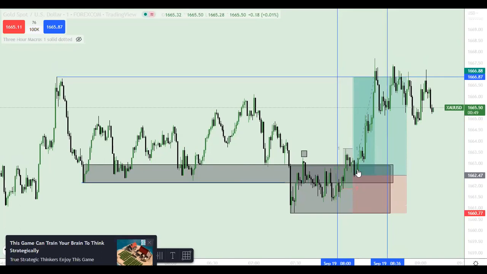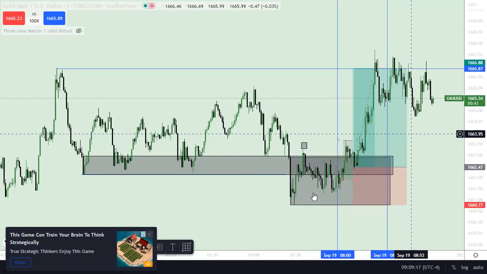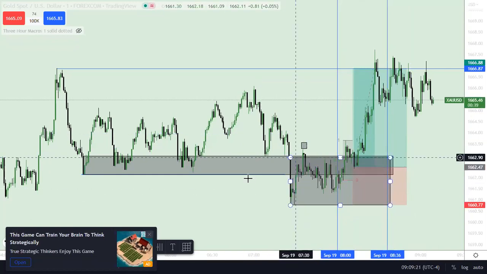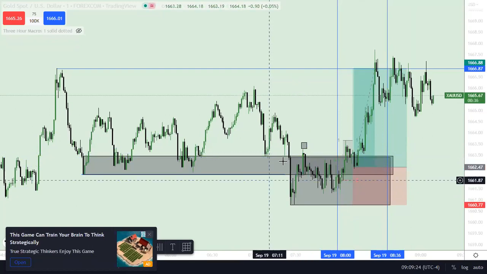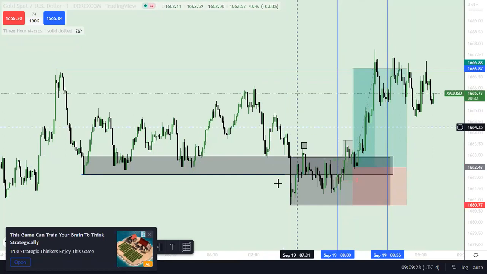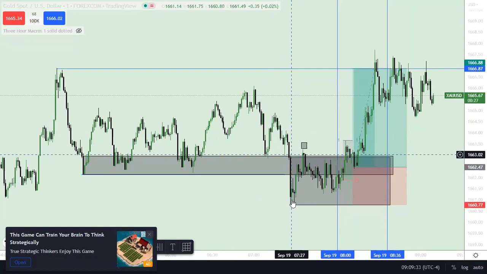So for the guy who had asked me, how do you get a continuation entry if you miss the original reversal? Have a clear reference point. If I'm bullish, where should my entry form? If I'm bullish, where should price trade through to give me confirmation? All of that has been defined right here. So you don't need this entry.